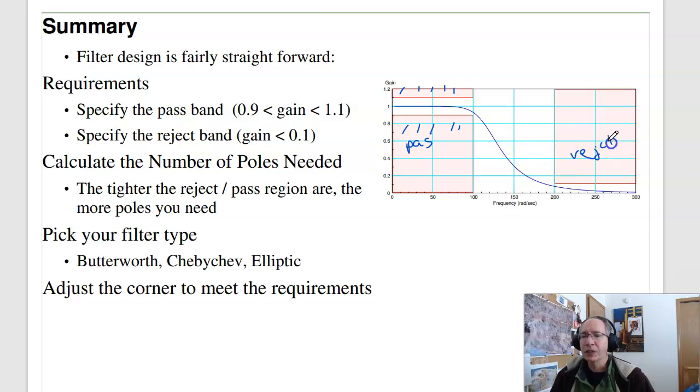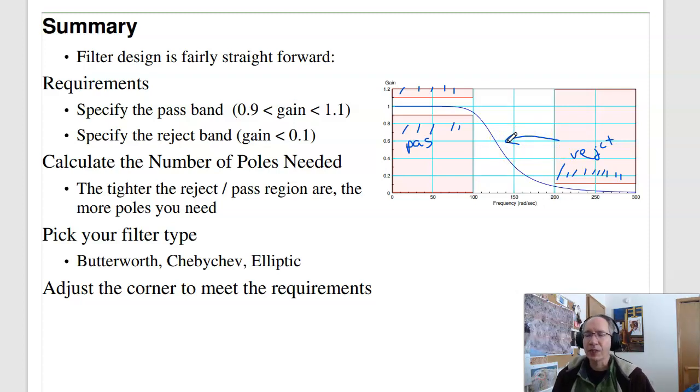Over this region, the gain's got to be small, and I need to define small. In this case, small is less than 0.1. The number of poles you need is determined by how small is small and how tight this region is. As I pull that left, I need more and more poles.